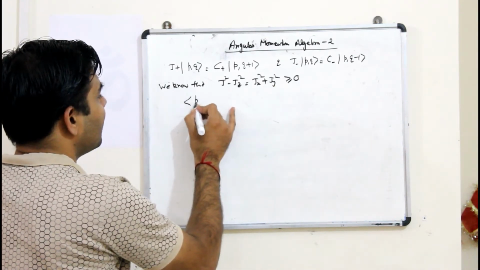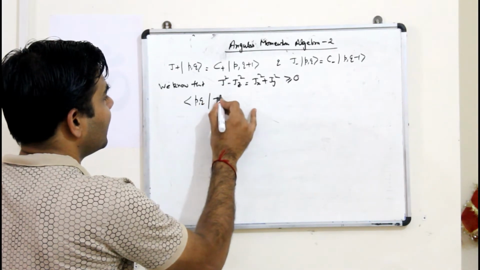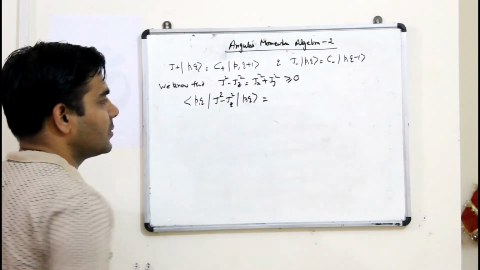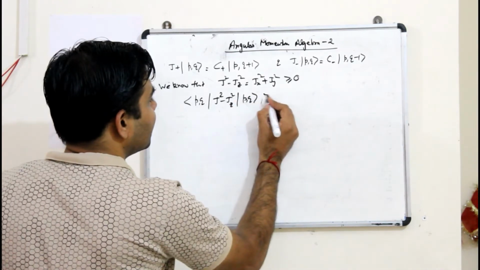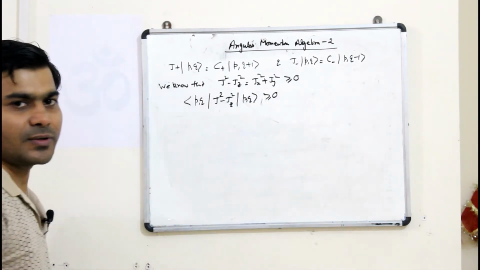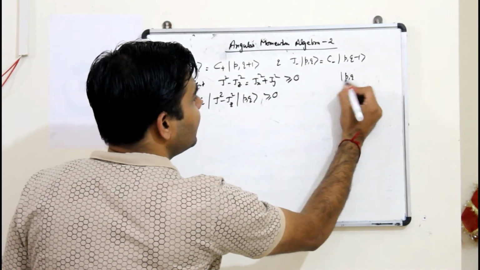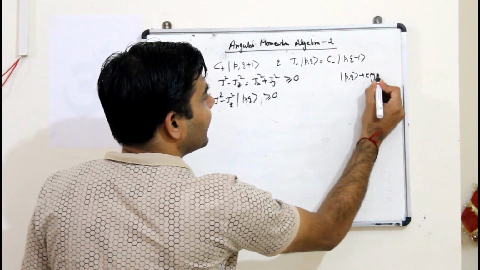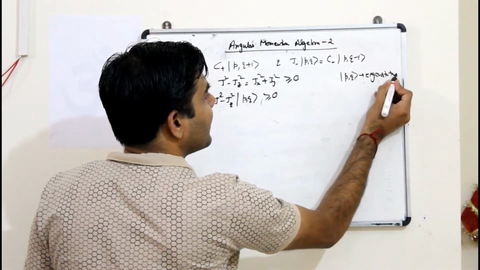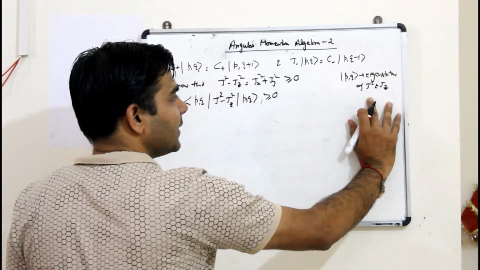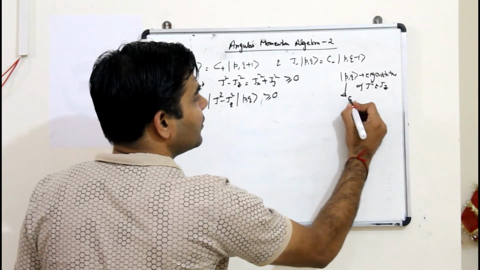So if I operate, for example, this operator in this fashion, I am going to get a number which is greater than or equal to 0, because these states P and Q are the eigenstates of J square and Jz, and J square and Jz are Hermitian in nature, so they are orthonormal eigenstates.